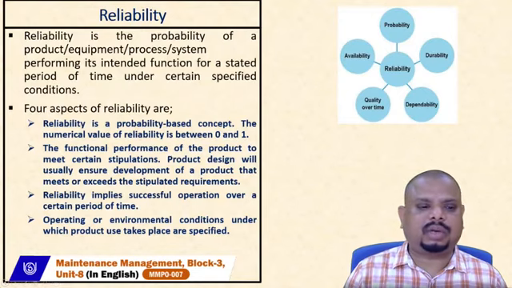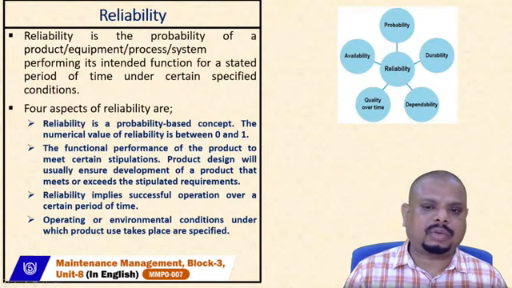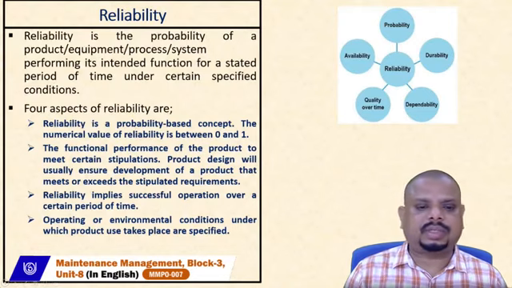That means product design will usually ensure the development of a product that meets or exceeds the stipulated requirements. There you have the example of the pump, or if you take the example of a gearbox, the intended function of the gearbox is to transmit the power from the engine to what are known as wheels.